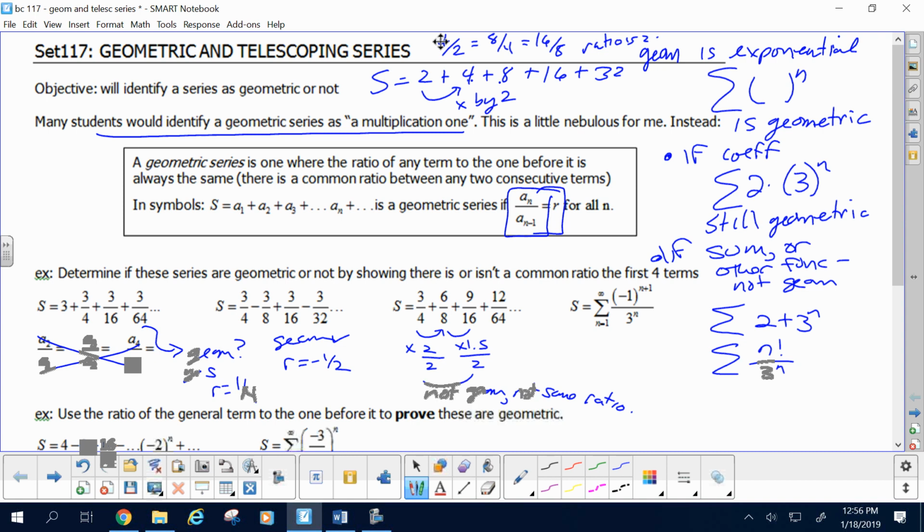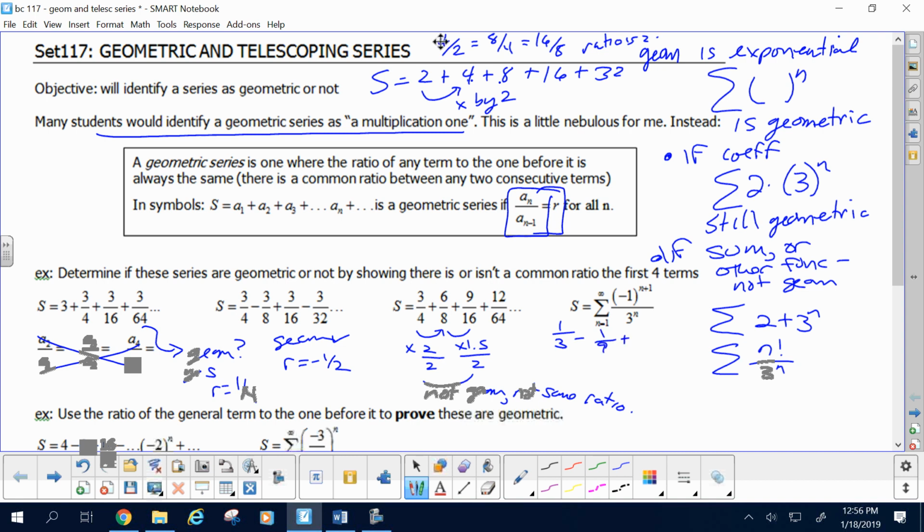Does it feel like it fits the geometric pattern, exponential only? Yes, it is. What's the common ratio? Is it 3 or 1/3 or negative 1/3? If you're not sure, do a few terms. When n equals 1, you get a positive 1 over 3. When n equals 2, you get a negative 1 over 9.